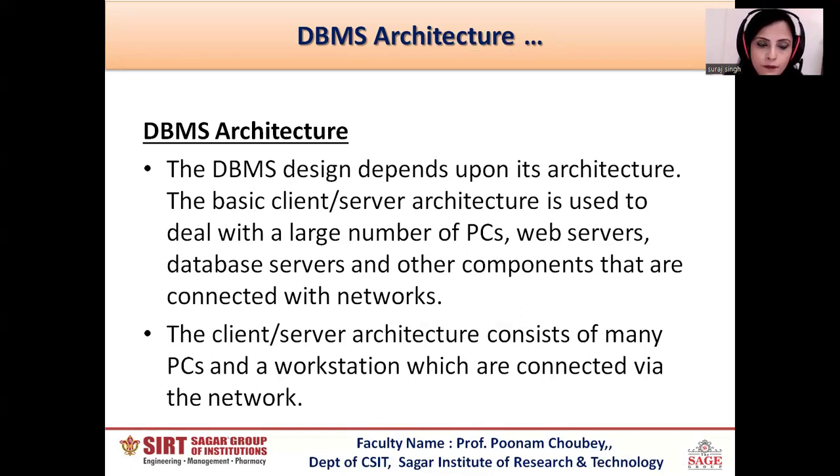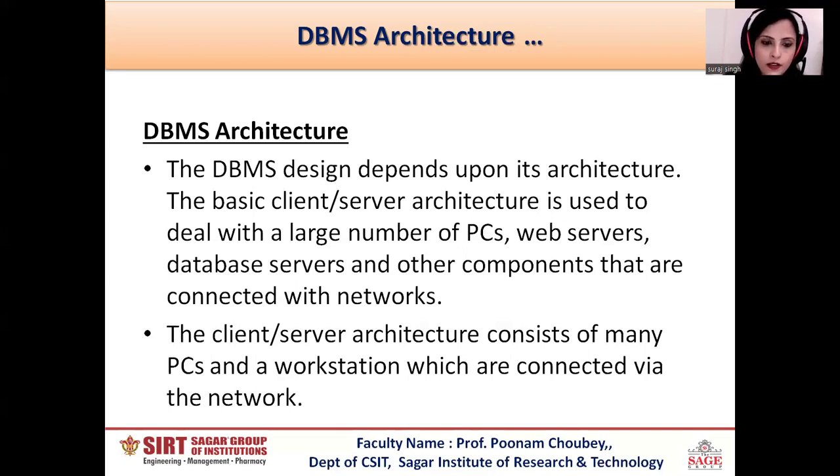We can say it is used for large databases, large servers, web servers, or database servers. And the other components that are connected with these servers also depend on the client server architecture. It means the DBMS design depends on the client server architecture. It may be larger, it may be smaller, right?